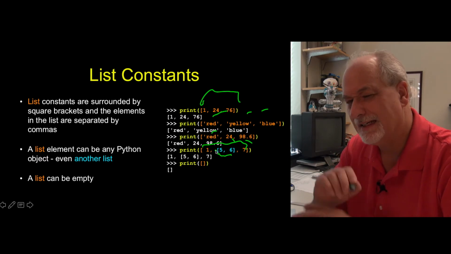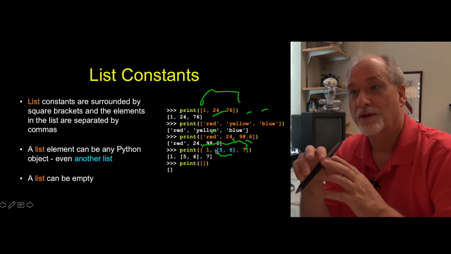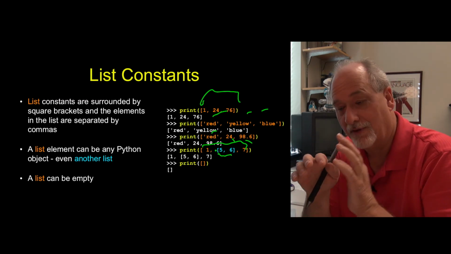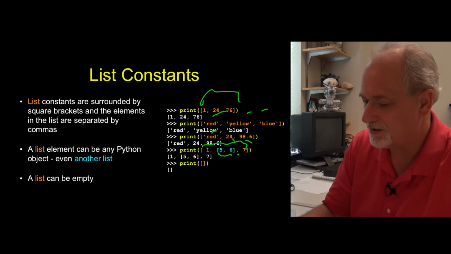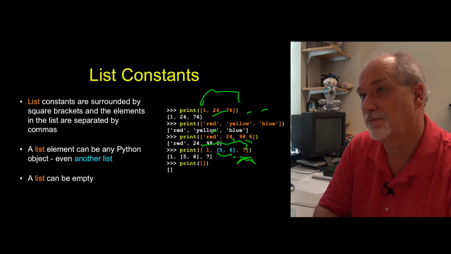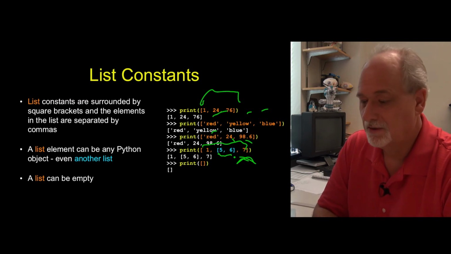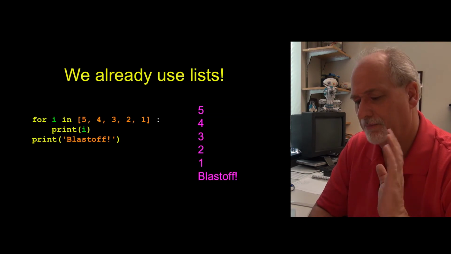So this is kind of alluding toward what we'll do when we start talking about data structures, and that is we have a structure and then we have another structure inside of it, and sometimes this can get quite complex. This here has no reason, just to show you that it's possible, that lists can be made up of lots of things, including other lists. And of course there is also the notion of the empty list.